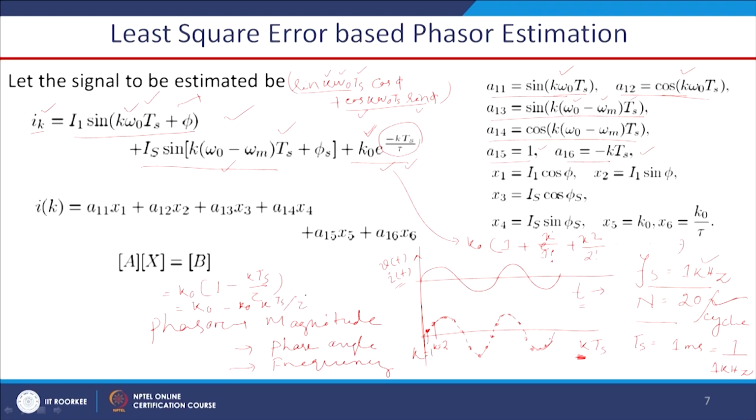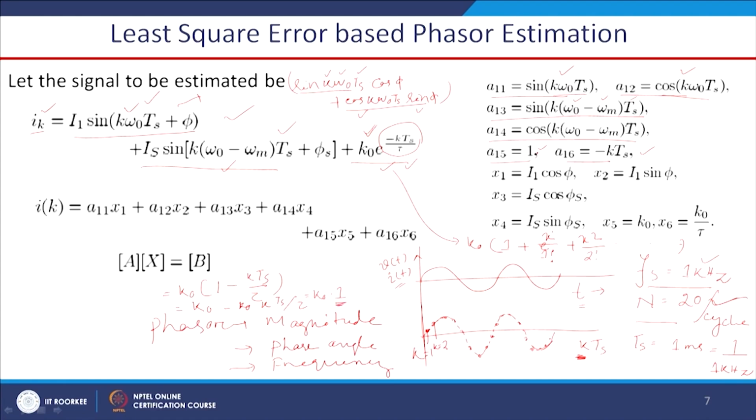So, if I take k0 as one variable, then this is equal to k0 into 1. This 1 is known to us, that is why A15 is equal to 1.